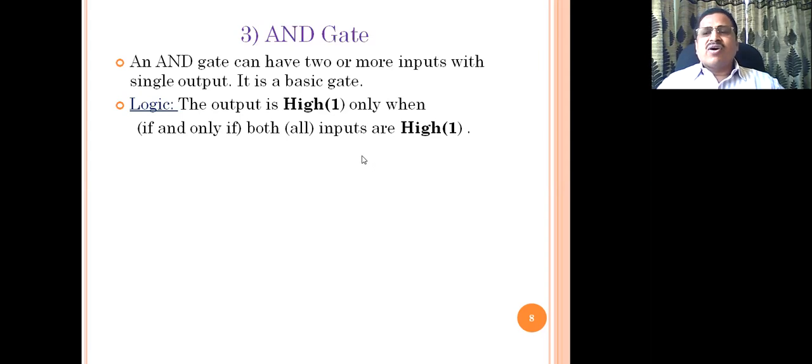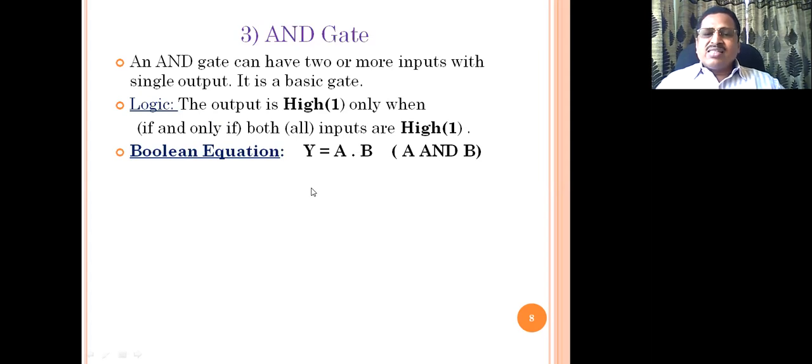In general, for an AND gate having more than two inputs, 3, 4, 5 and so on, the statement becomes: output is high if and only if all inputs are high. That is the general statement for the AND gate having more inputs.